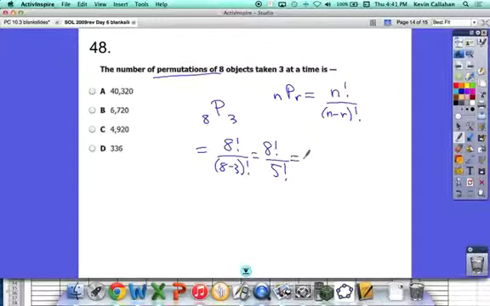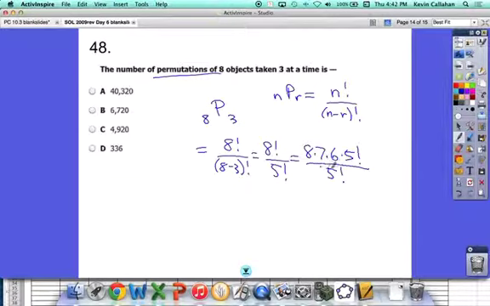But generally, the way you would simplify is you would say 8 times 7 times 6 times 5 factorial. So you peel off the first few factors, 8 times 7 times 6, and you let 5 factorial represent everything from 5 on down to 1. In the denominator, you have a 5 factorial.